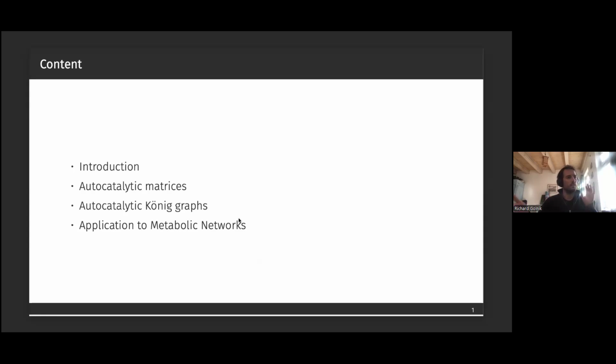And the Koenig graph is also known as the metabolite reaction graphs in other fields, or the species reaction graphs. And if we have time, I'm going to show you also that we applied this framework to metabolic networks and what we can see in different kinds of metabolic networks.